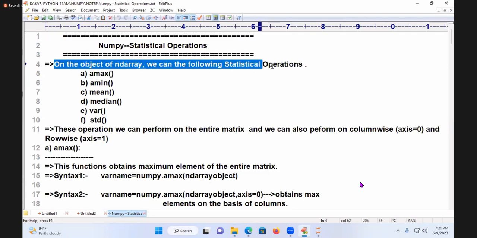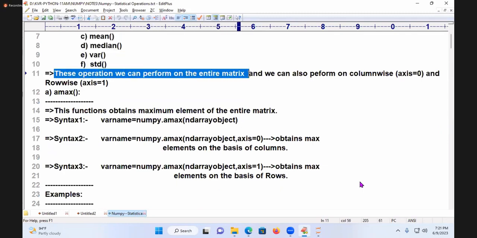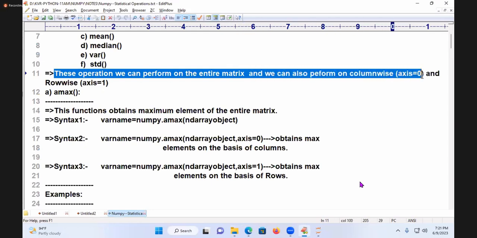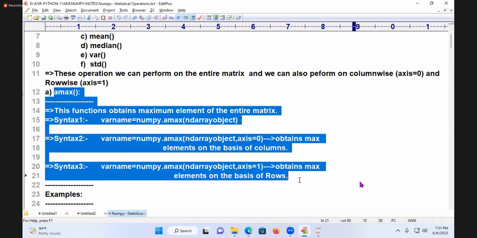On the object of an ND array, we can perform the following operations on the entire matrix. We can also perform them column wise, axis is equal to 0, and row wise also. Axis 0 means column. Axis 1 means what? Yes. A max. See that?